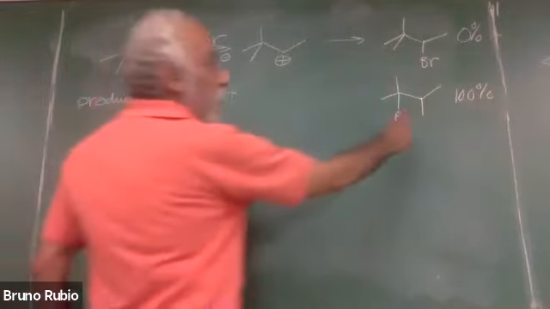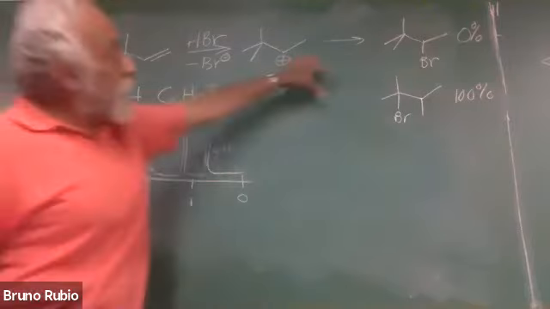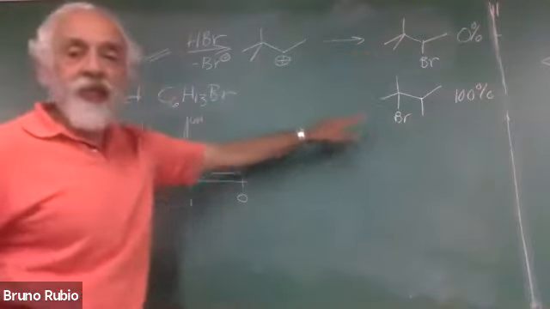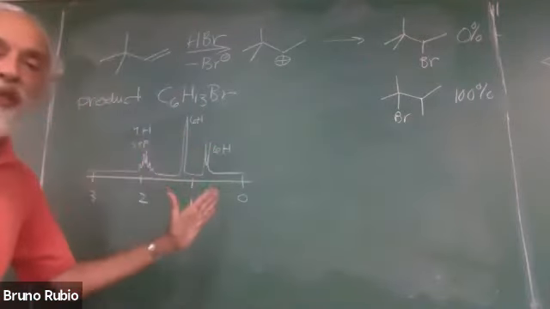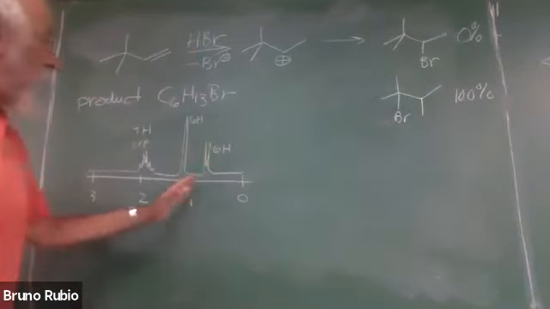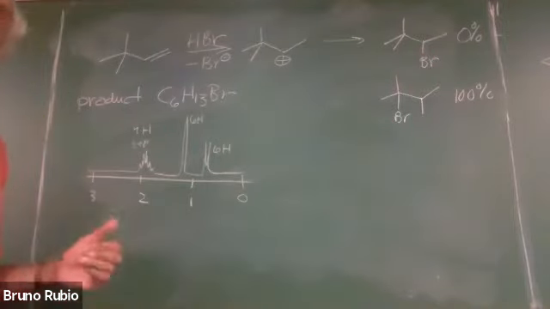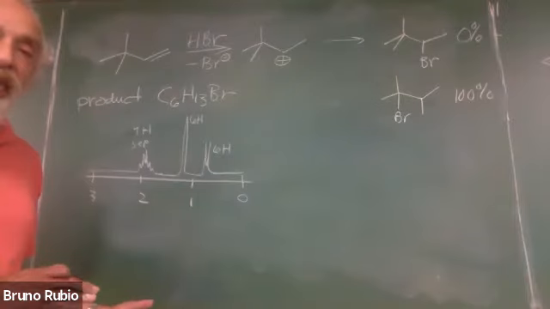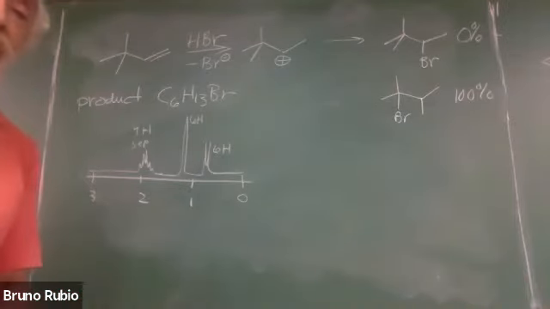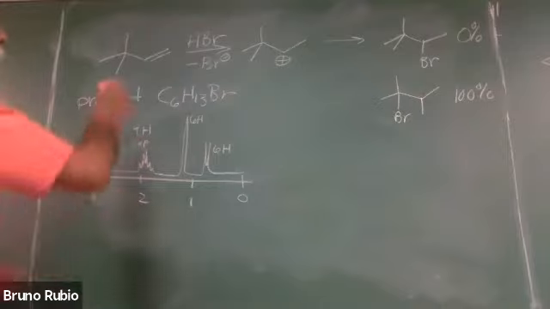I'm going to have a 1 hydrogen septet at that fishtail. Yep. I'm going to get a 6 hydrogen singlet due to these guys, and they're downfield compared to the other 6 hydrogen signal, because these guys are closer to the bromine, and then I'm going to get a 6 hydrogen doublet over there. Okay, well, what happened? It looks like the HBr added to the wrong carbon of where the double bond used to be. So what happened here is the carbocation rearrangement, and so that's what we need to talk about now.